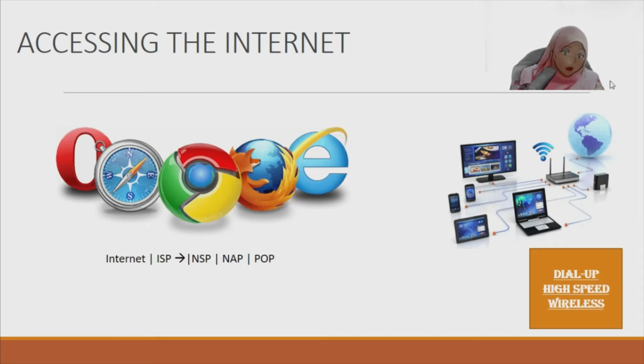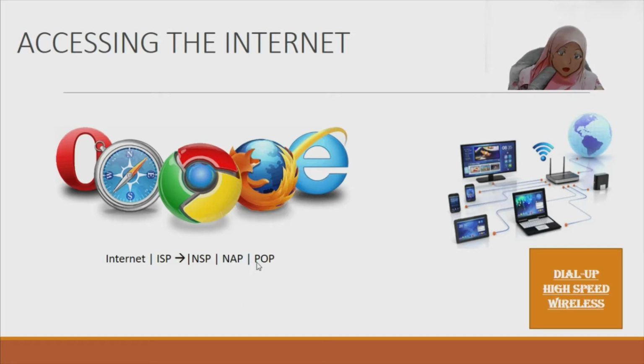It can go through the NSP first, or instead of connecting from the ISP to the NSP, it can connect you to the NAP, or it can directly connect you to the POP.